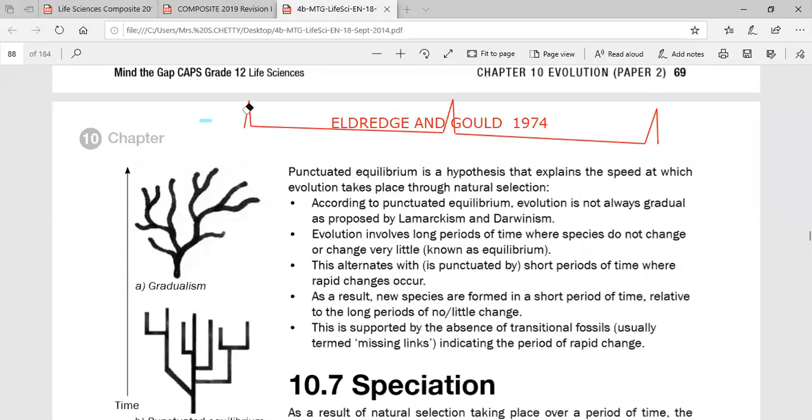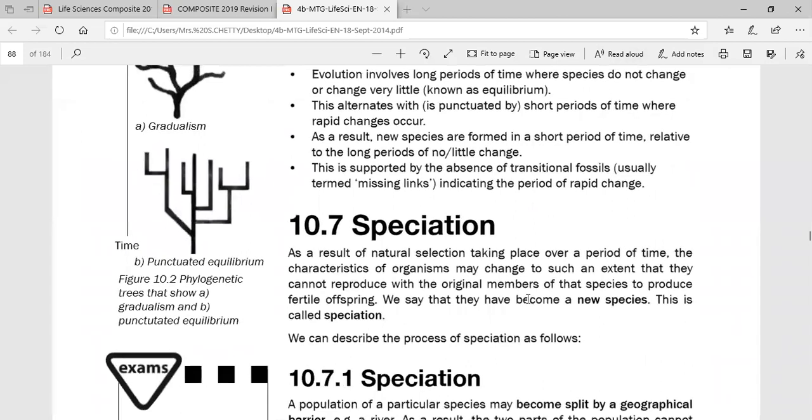So let's look at the last concept in general evolution, and that is speciation. Speciation is where you form a new species. And of course, speciation will occur through natural selection as well, isn't it so?